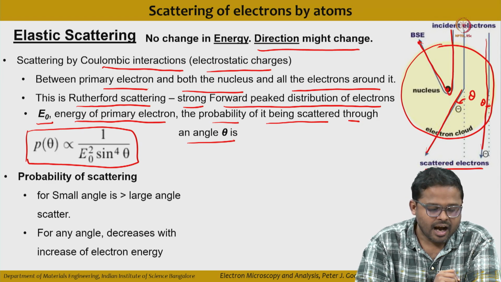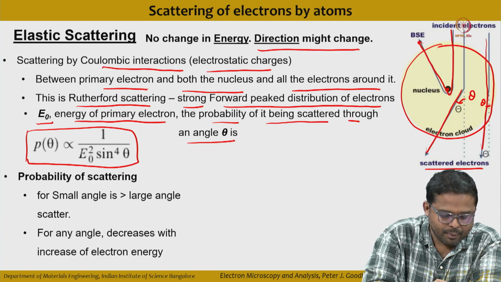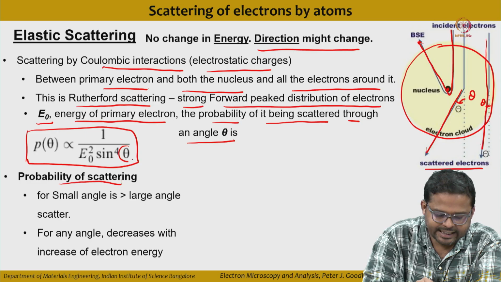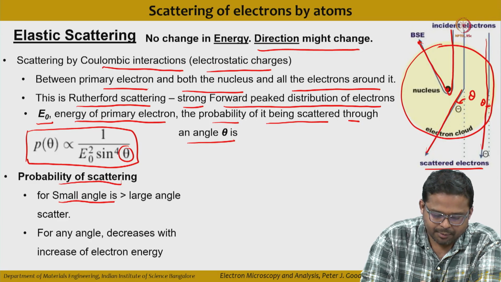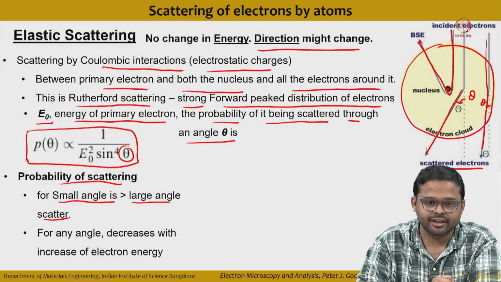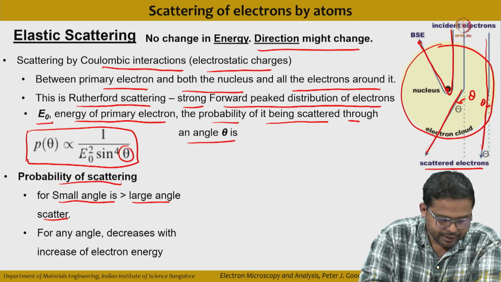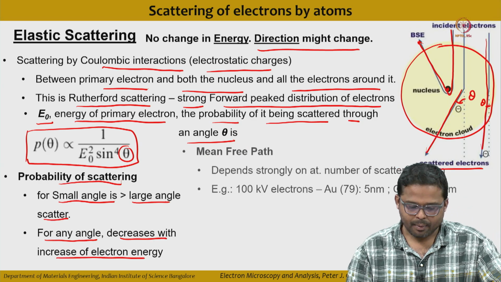It means that the higher the energy of the primary electron, the lower the probability of scattering, because it moves very fast and is accelerated towards the sample very fast. As there is a sin theta term here, for small angles the probability of scattering is much higher compared to large angle scattering. If theta is more, the probability reduces, but for any angle it decreases with increasing electron energy. So, this is the probability of scattering.